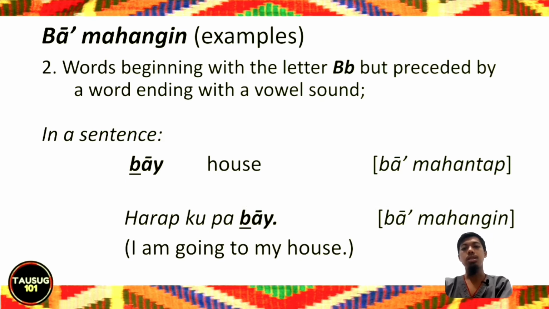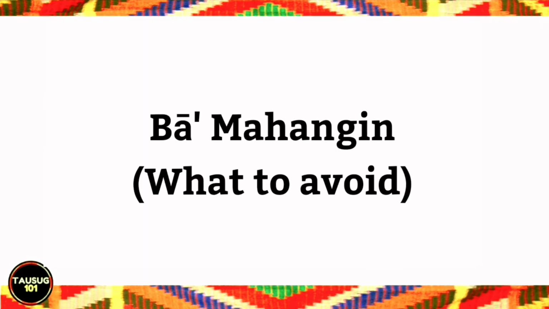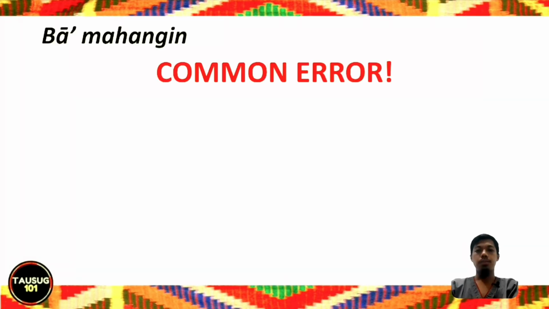But when we use it in a sentence, harap ko pabay, it now uses the Bā Mahangin sound. I'm going to my house. Why? Because the letter ba here is now preceded by another word that ends with a vowel sound. So the letter ba is now in between two vowel sounds.